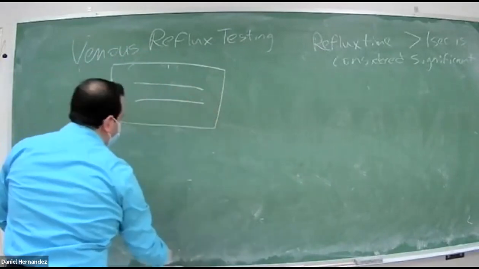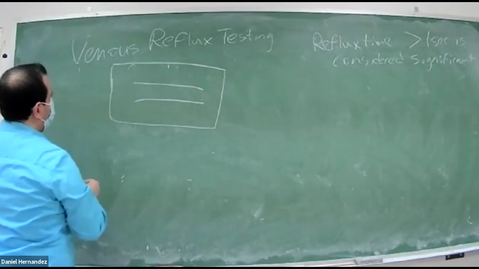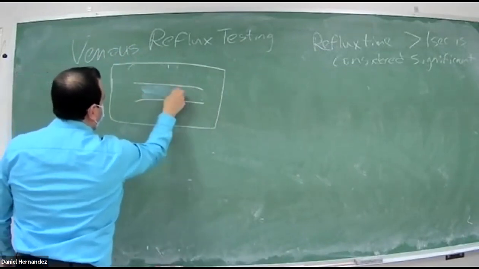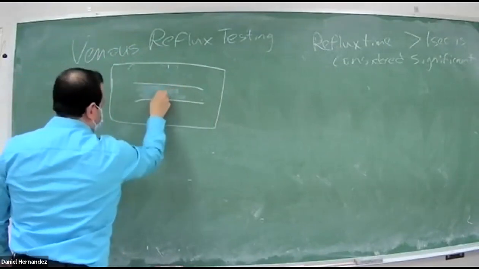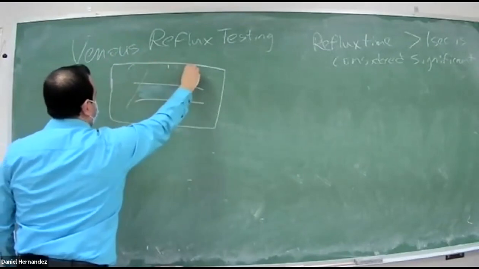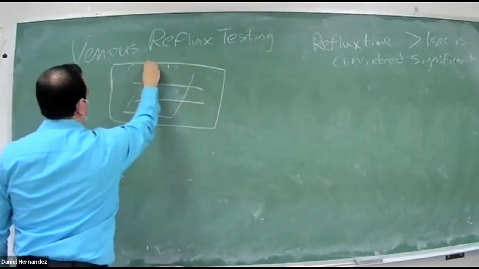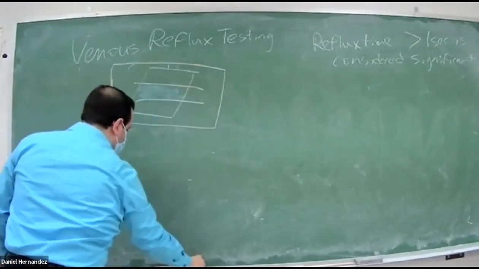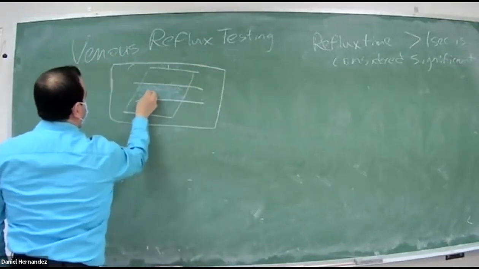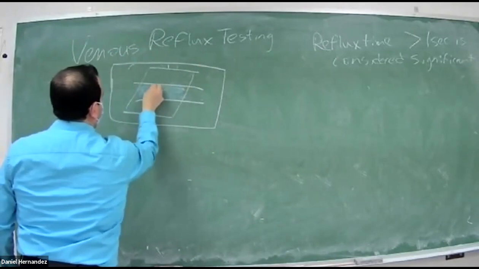So then what does it look like on ultrasound? So if we have our normal vessel and we put our color box on, we'll visualize our normal blood flow is blue.